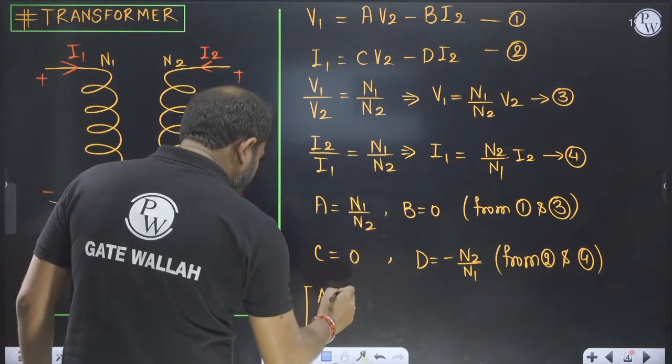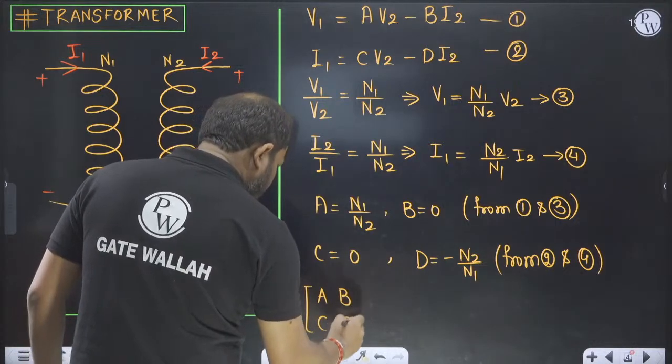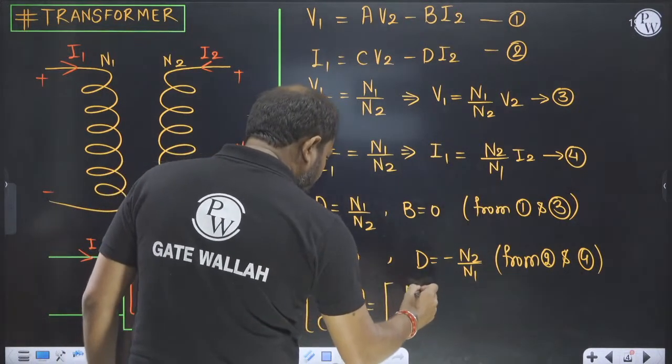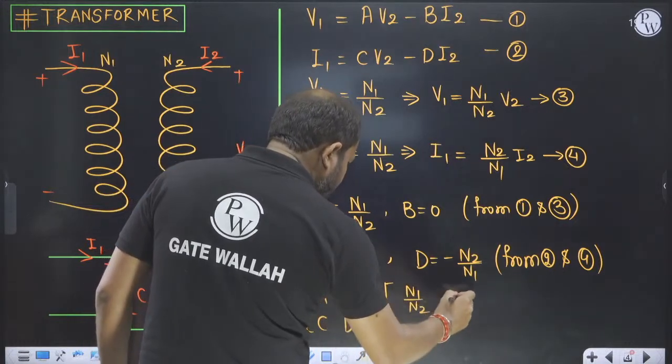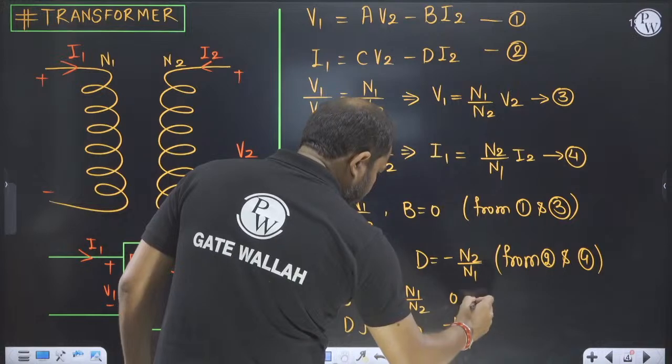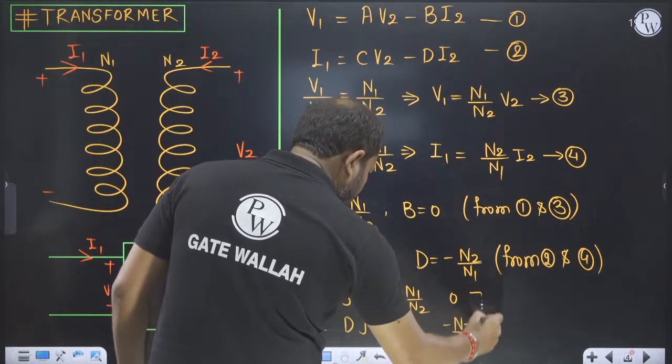So in ABCD, it will be N1 by N2 and 0, 0 and minus N2 by N1. So from this you will calculate.